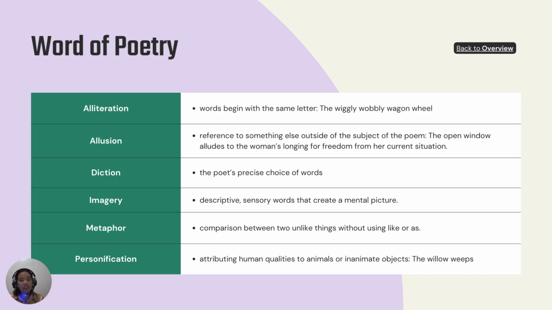So the next one is imagery. Imagery is not a figurative language, but a style of the author wherein they try to use descriptive and sensory words to create a mental picture. So when we talk about imagery, the writer uses different types of images in terms of the sense of sight, sense of hearing, sense of touch, and the five senses.